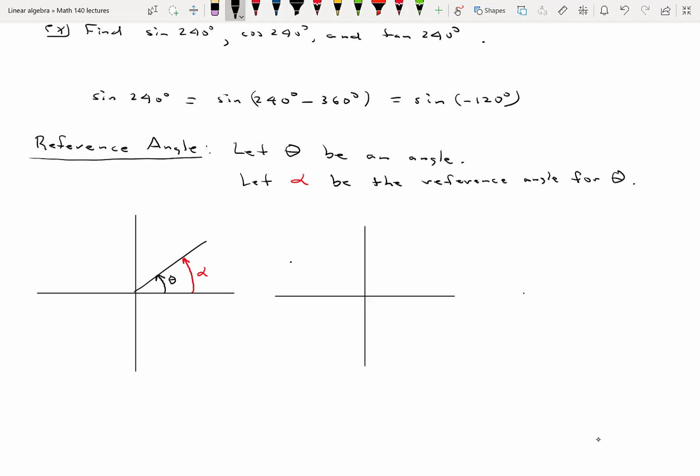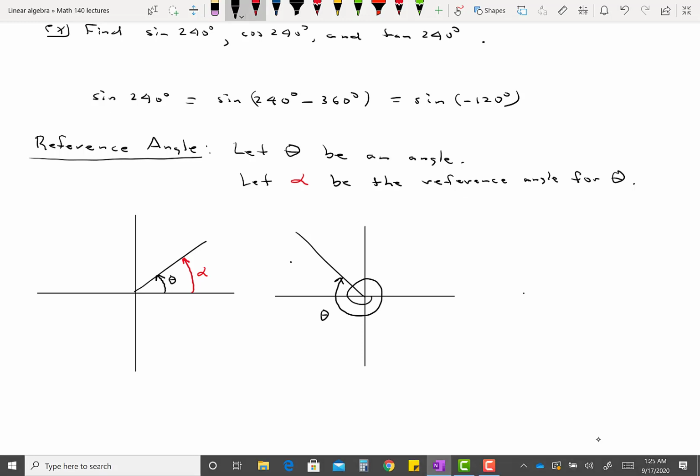Suppose we have an angle in quadrant 2. And the angle doesn't have to be positive. Suppose that it's this weird angle right here, whose terminal side is in quadrant 2. So that's theta. It could have been a positive angle, but I wanted to emphasize that angles don't have to be positive and they don't have to be between 0 and 1 revolution.